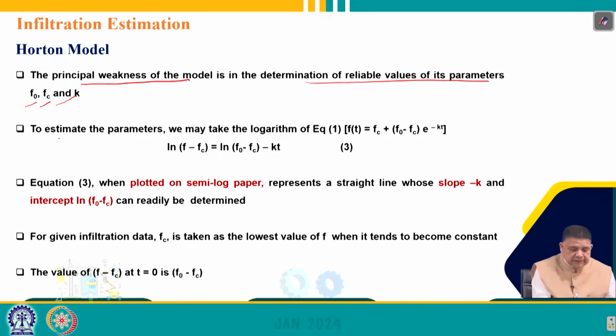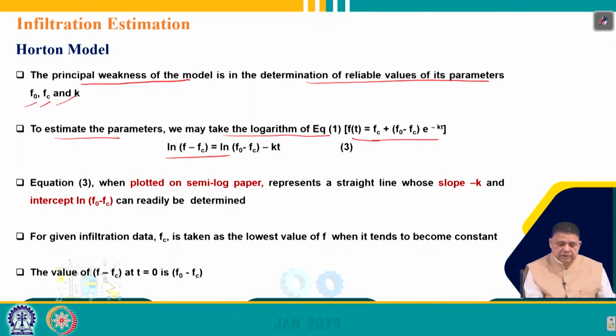In order to estimate these parameters, we take equation number 1, ft equals fc plus f0 minus fc e to the power minus kt. If we take the logarithm of this equation, we will get this form, ln of f minus fc equals ln of f0 minus fc minus kt.